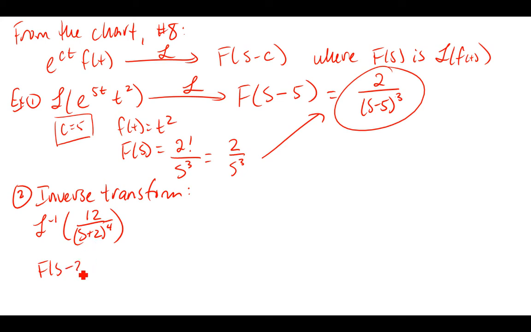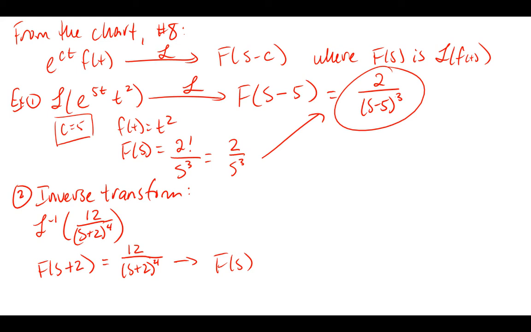So if I propose that big F of s minus 2 might be this. And what does this tell me about big F of s? Oh, I'm sorry. Why did I say minus? Plus 2. I'm sorry about that.